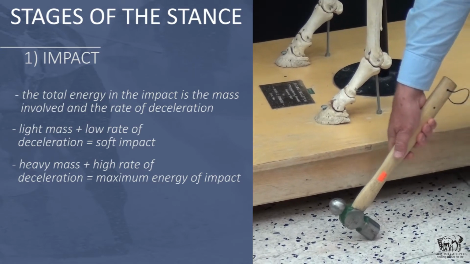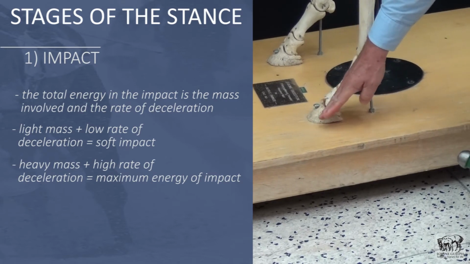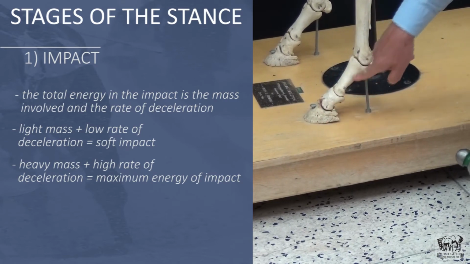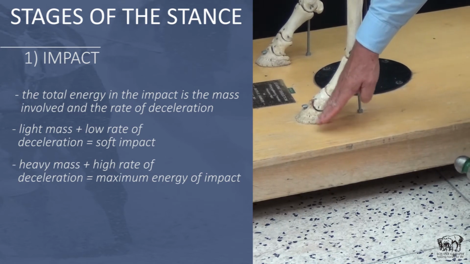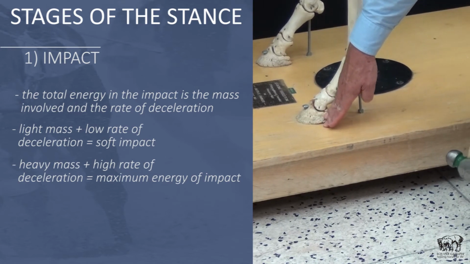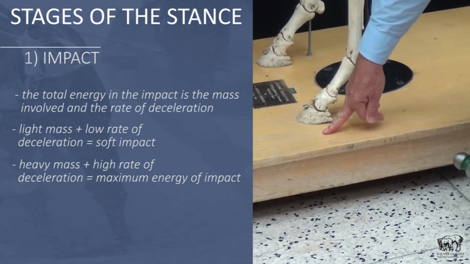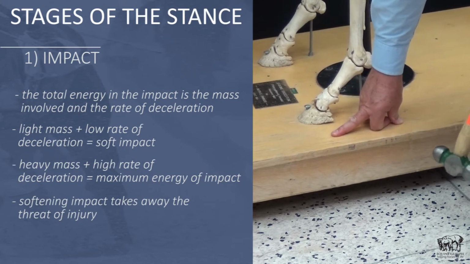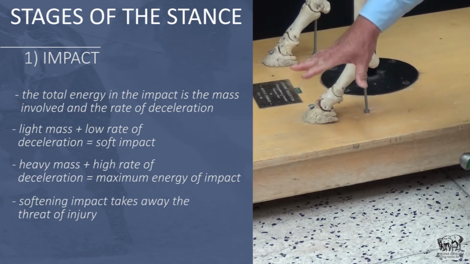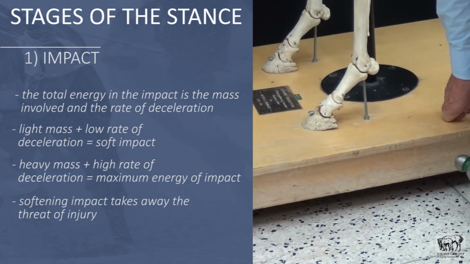And the energy of impact is really significant because that's where you get fractures of coffin bones, fractures of pastern bones, a lot of vulnerability for injuries of the hoof, anything from bruising to total fractures is at that moment of impact. So if you can soften that impact as much as is appropriately possible, then you're taking away the threat of injury of impact.